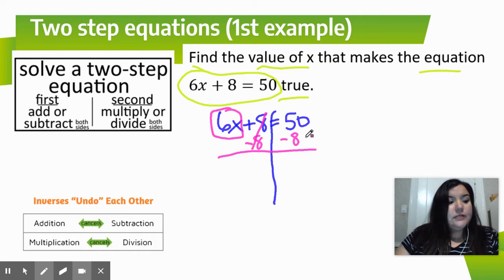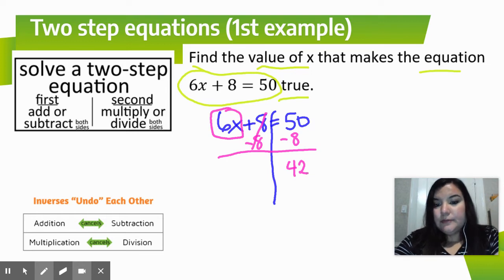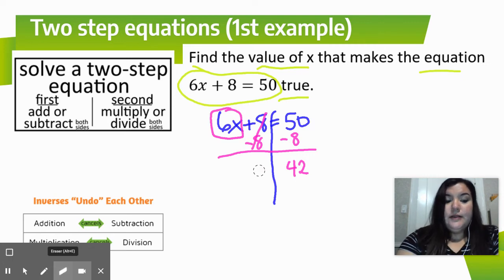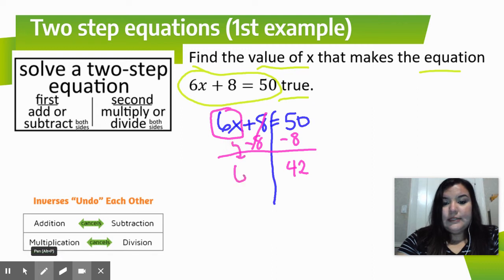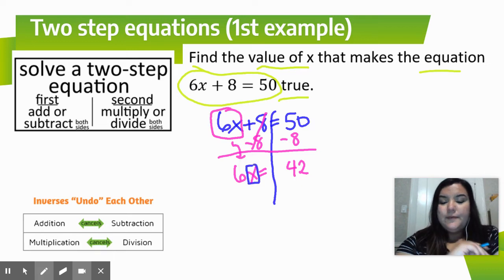So 50 minus 8 is 42. Since 8 minus 8 is 0, I don't need to put the 0 there. We're just going to leave it alone, but I am going to bring down this 6x. So 6x = 42.